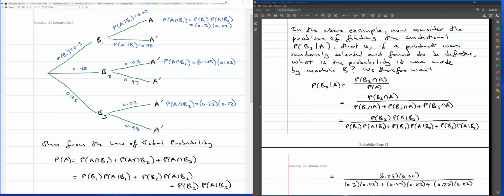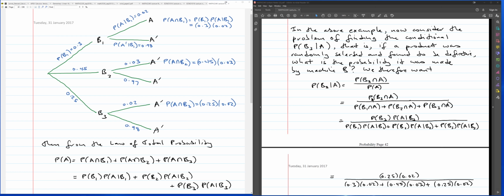Now we need to work out the probability of B3 given A. We want to write this using A given B3, because probability of A given B3 is what's given to us, not probability of B3 given A. So we write the probability of B3 intersect A in terms of the probability of B3 times the probability of A given B3.